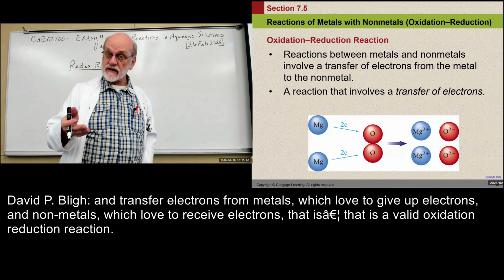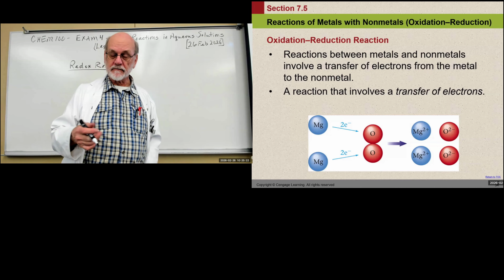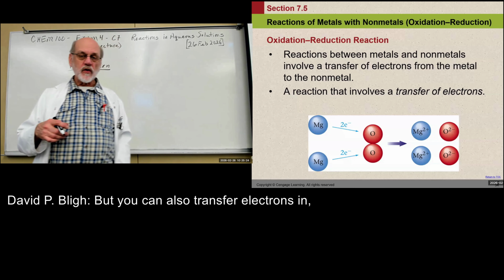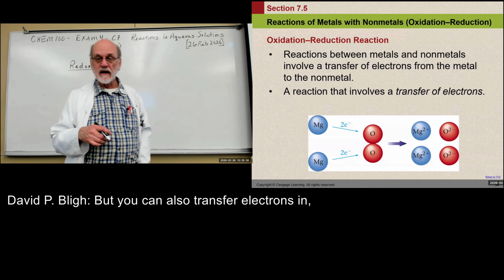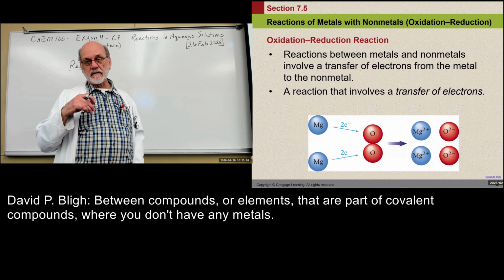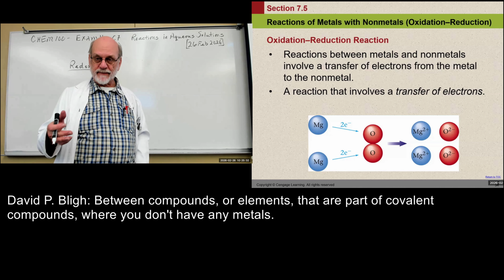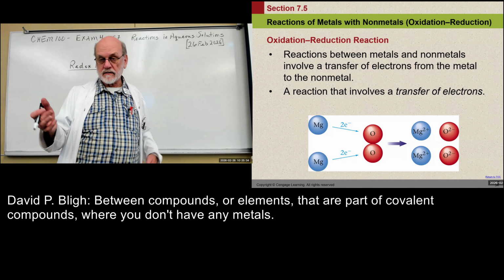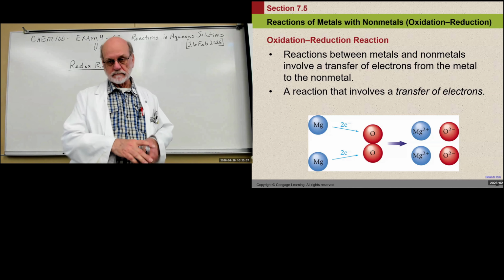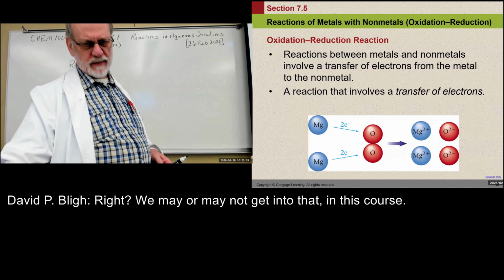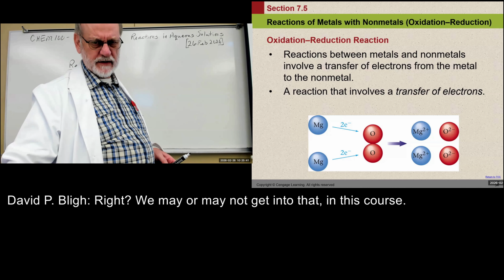That is a valid oxidation reduction reaction. But you can also transfer electrons between compounds or elements that are part of covalent compounds where you don't have any metals. We may or may not get into that in this course.